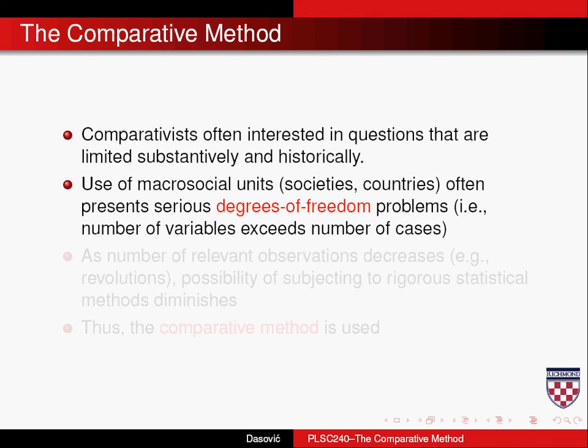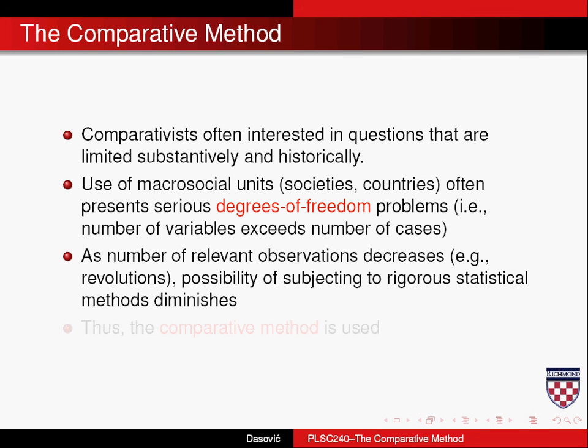And when we have exactly the same number of variables as the number of cases, then we get into what's called a zero degrees of freedom problem, which makes our analyses what is called indeterminate. We'll get more to this in a second.